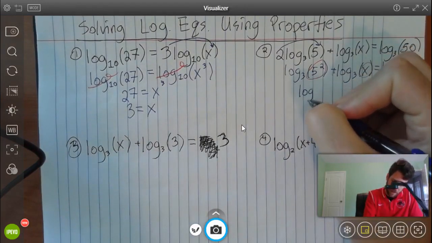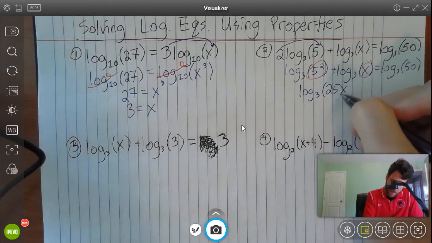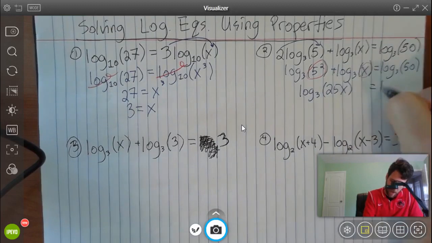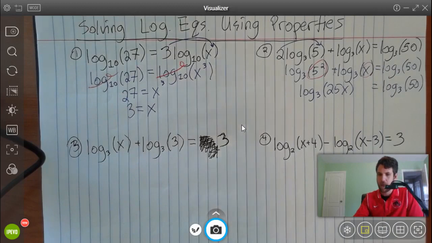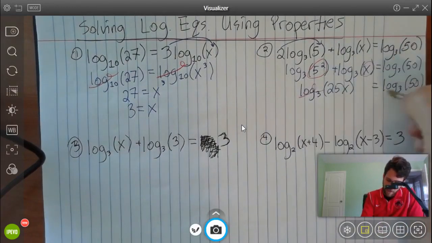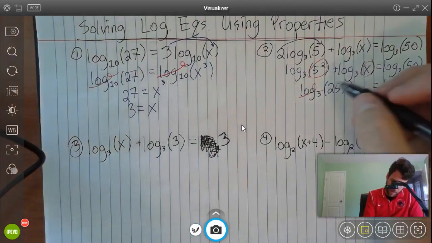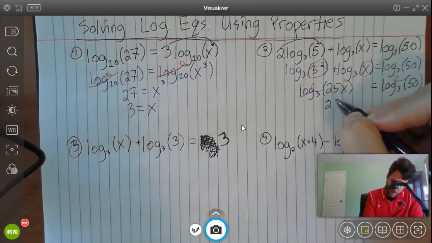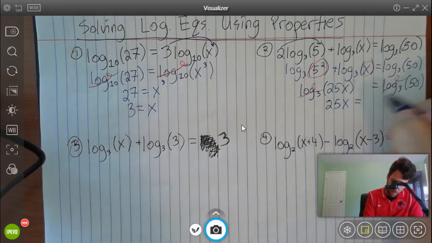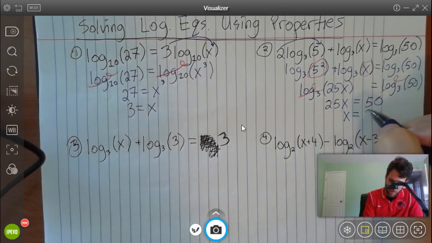Log base 3 of 25x is equal to log base 3 of 50. And now that we have that, we can just get rid of these two log base 3's and rewrite this as 25x is equal to 50 and x is equal to 2.